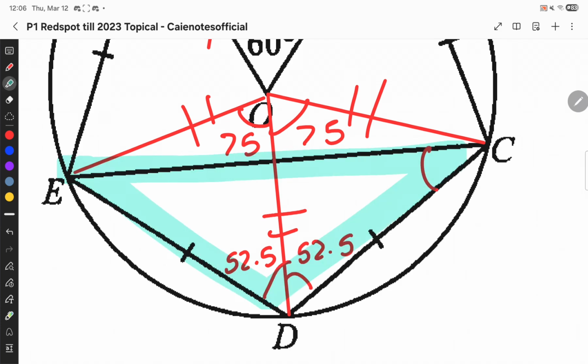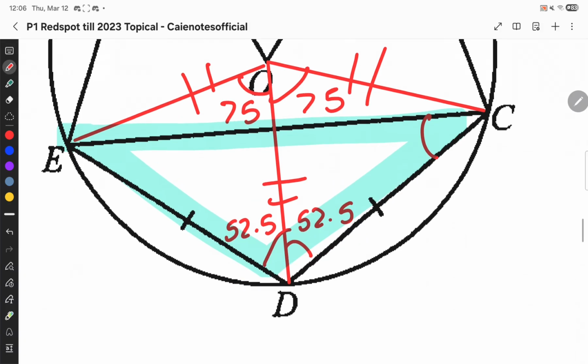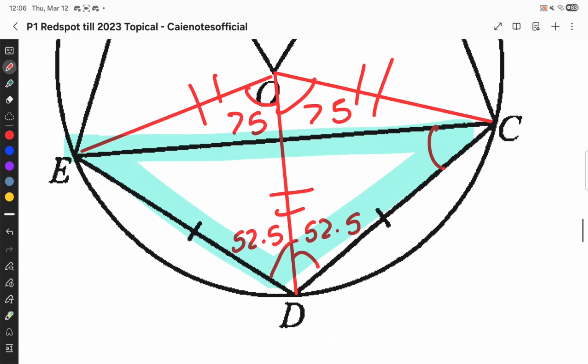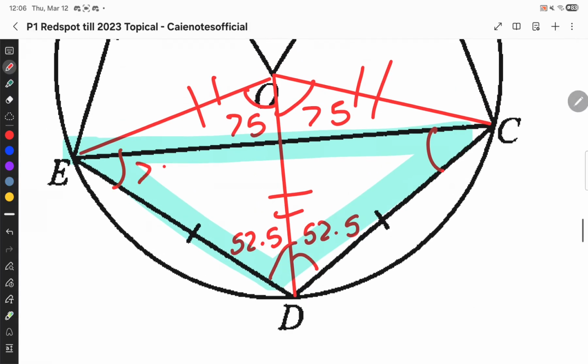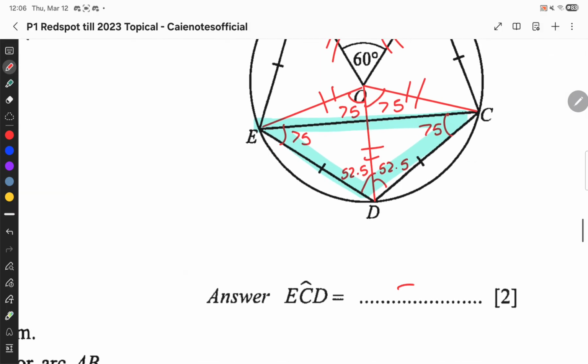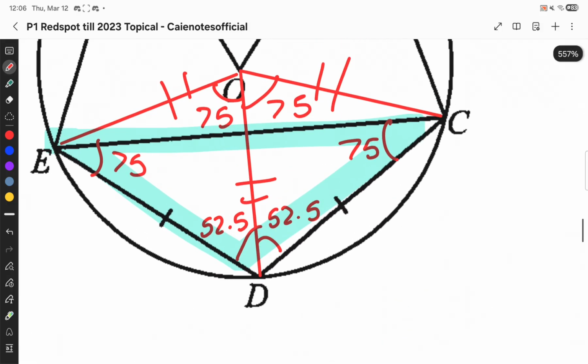But then we look at the bigger picture. This is also isosceles. This angle at the top will be 180 minus 52.5 minus 52.5. So this gives us one of these angles being 75, and so this is also 75. This is a coincidence, but it is not, because you can just copy it over here.